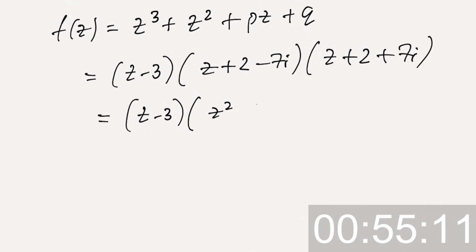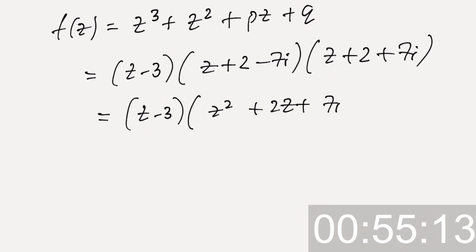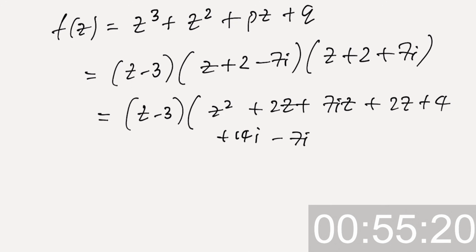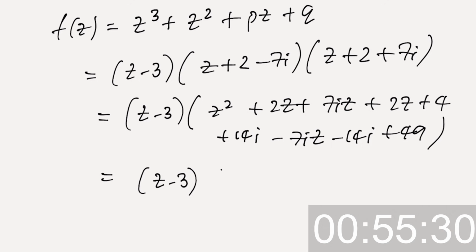So if we expand that, that's z minus 3 times z squared plus 2z plus 7iz plus 2z plus 4 plus 14i minus 7iz minus 14i minus 49i squared plus 49. Okay, so that's z minus 3 times z squared, they should cancel, good, plus 4z plus 53, I think.